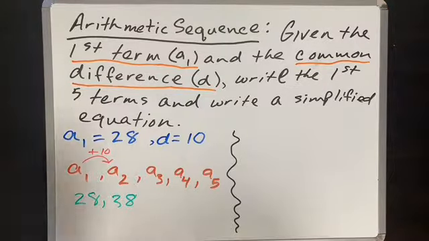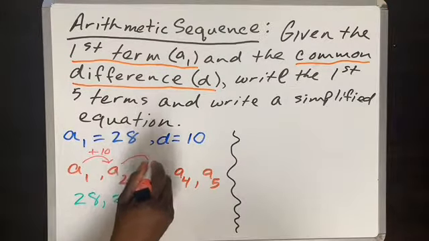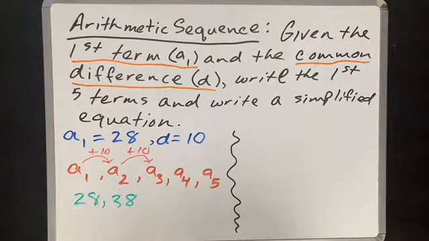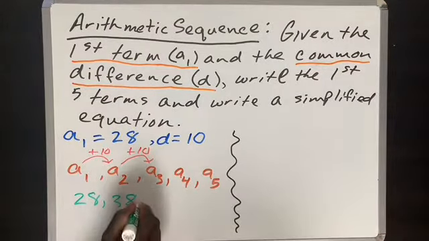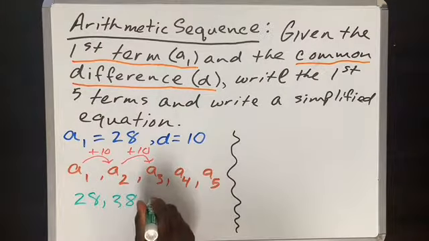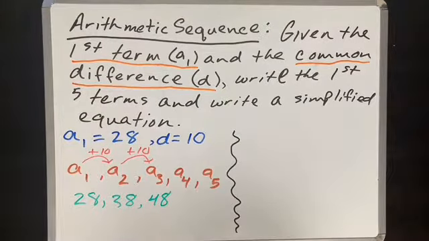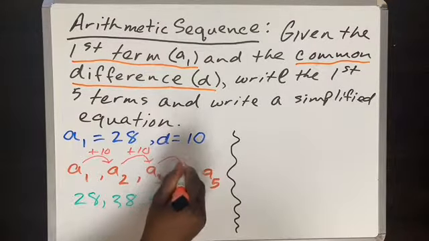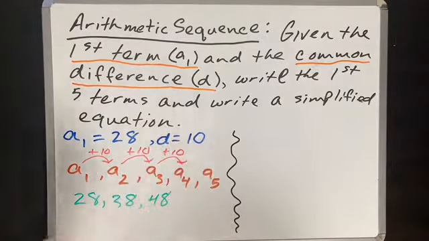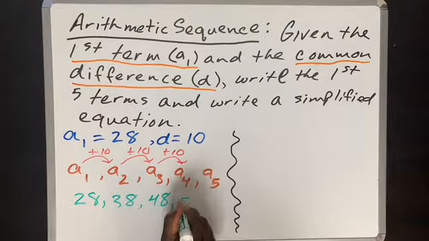Okay? When we add 10 to the second term, then we get 48. Okay, we add 10 to the next term. When we do that, we get 58.